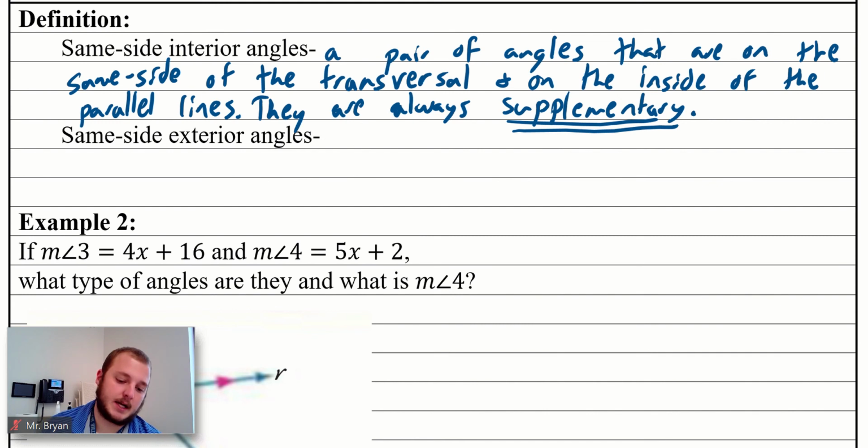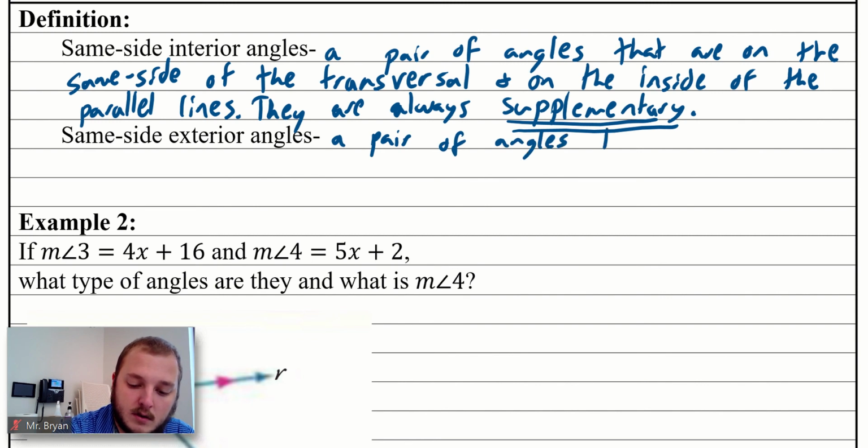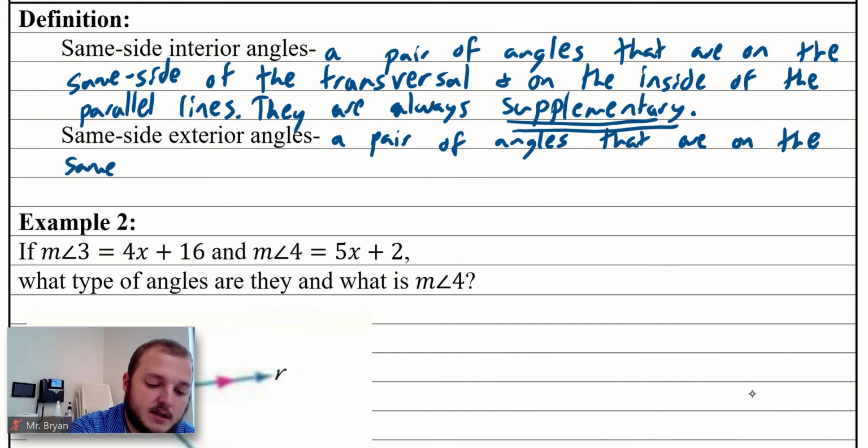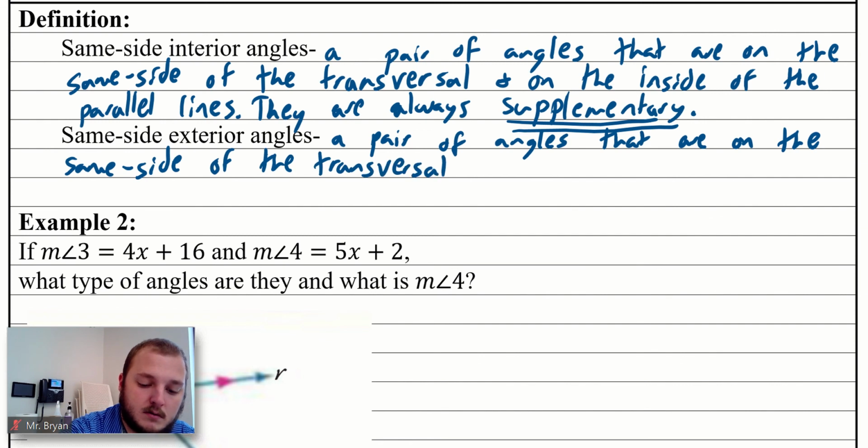All right. Same thing with same side exterior angles. Same side exterior angles are a pair of angles that are, again, since we said same side, on the same side of the transversal.